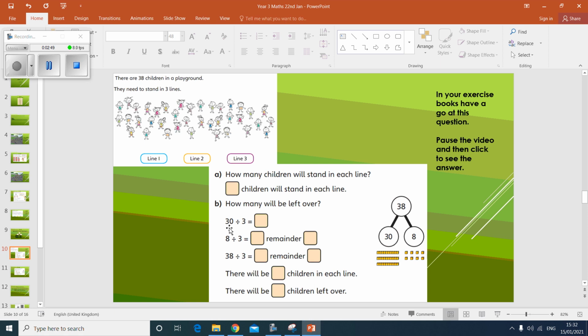First of all, we're going to do 30 shared by 3, 8 shared by 3, what will be the remainder, and then we're going to add our answers together and find out what the remainder is so that we can say how many children will be in each line and how many children will be left over. When you've found how many children in each line, that would answer part A. Pause the video here and then we will check to see if your answer is correct.